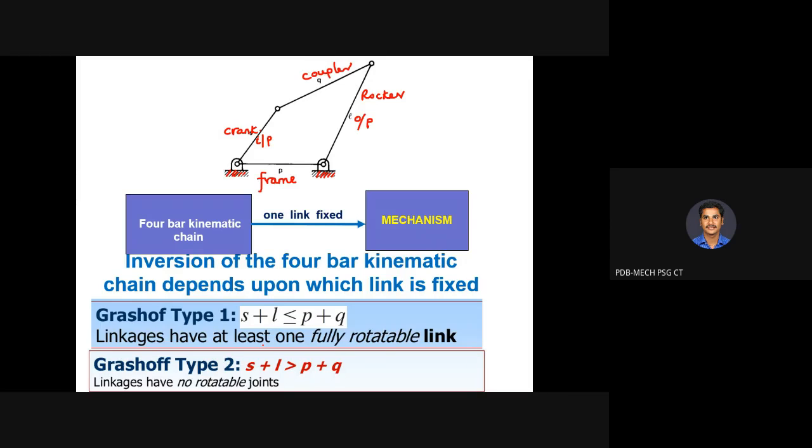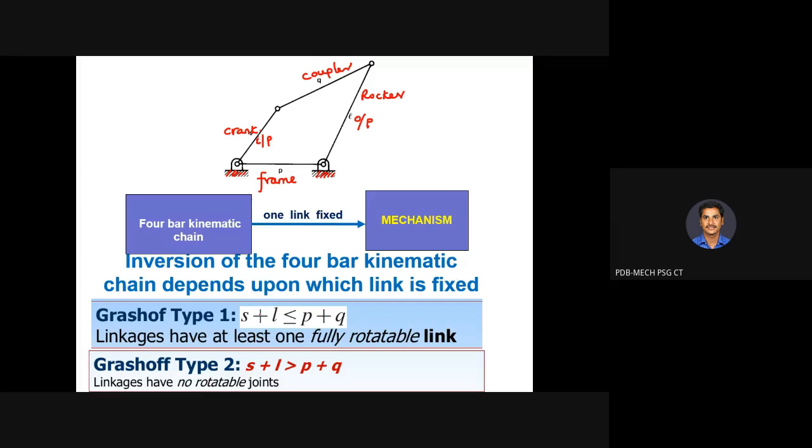So that link can be used as the crank, because the input through the prime mover is in a rotatable form, that is, a continuous rotation. If this criterion is satisfied, we can make at least one of the links rotate through 360 degrees so that the input can be connected.